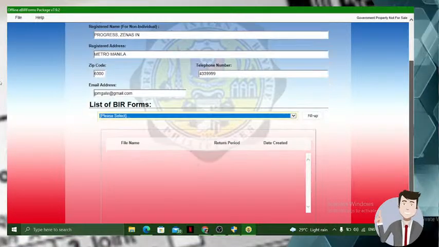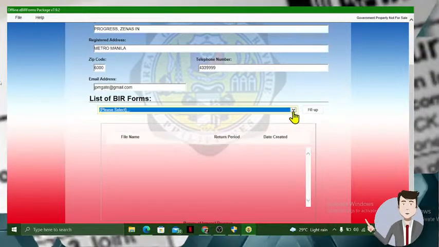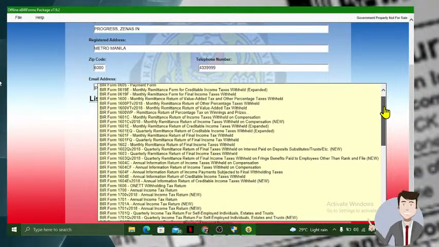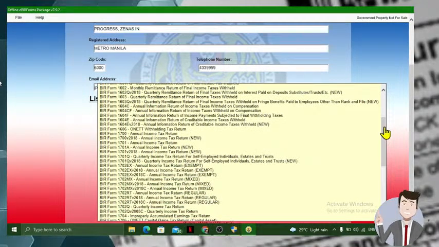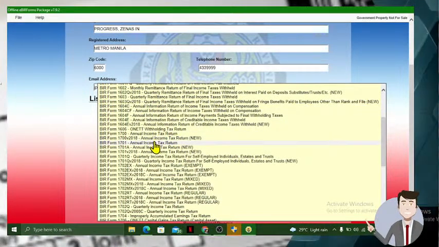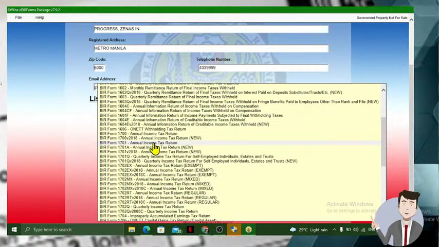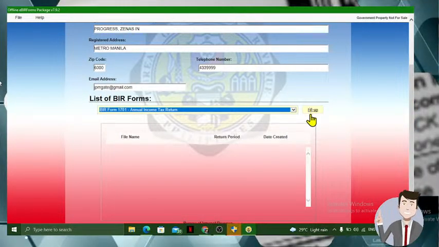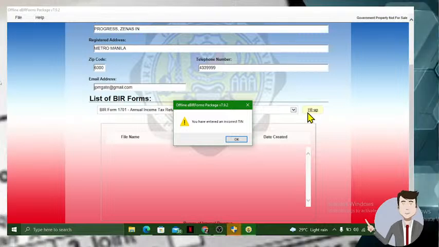Okay, so this time there is a list of BIR returns available for fill up, so you can use what is applicable. For the purpose of this discussion, we will accomplish BIR Form 1701. So fill up.